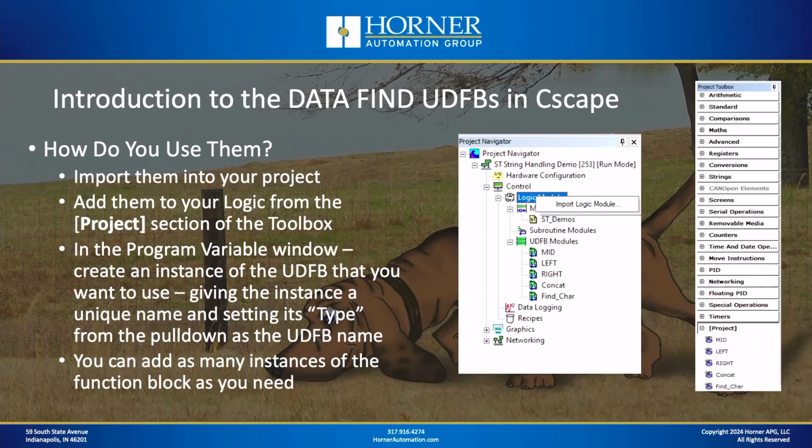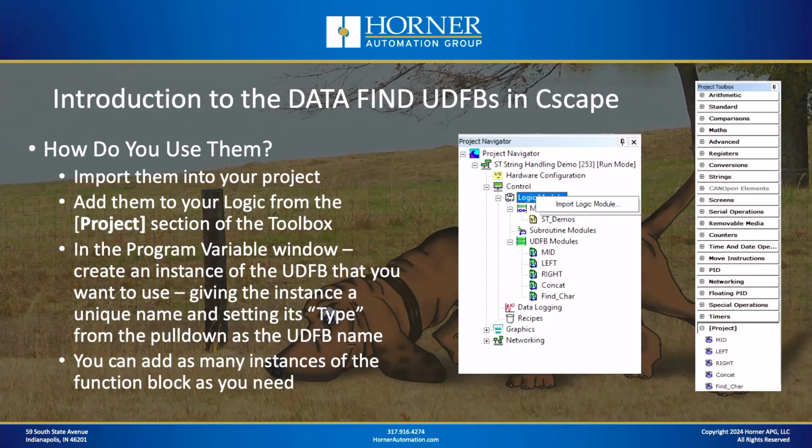The next step is you need to effectively create instances of those UDFBs for every case in your logic where you want to add one of those to your logic. So if you're only going to use a particular UDFB once in your project, you only need to create one instance of that UDFB, and you give it a unique name and a type that is the same as the name of the UDFB. Because once you've imported a UDFB, it shows up under your pull-down list of all the different types.